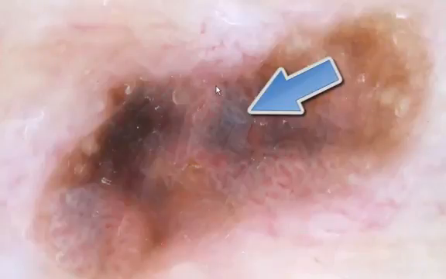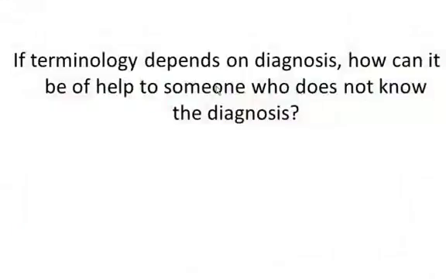We do not call it blue whitish veil because it's a SEBK. But, and this is the question, if terminology depends on diagnosis, how can it be of help to someone who does not know the diagnosis? And if you know the diagnosis, do you really need to describe the lesion?